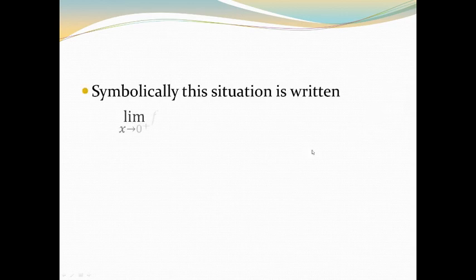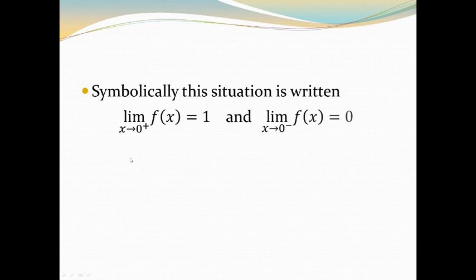The limit as x goes to 0 from the right, and the limit as x goes to 0 from the left. This little plus sign means from the right, and the minus symbol means from the left.